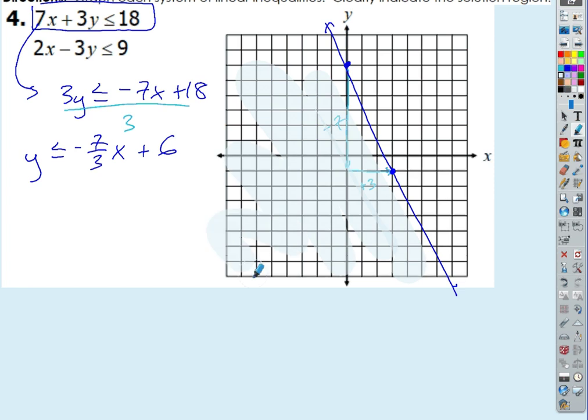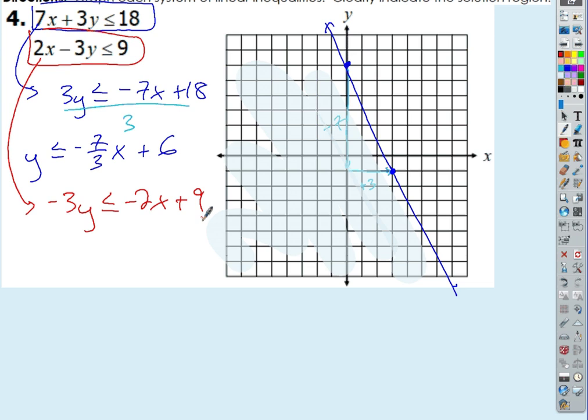Okay. Other one. What are the steps there? Move the x, divide by 3. Okay, so I've got negative 3y is less than or equal to negative 2x plus 9.